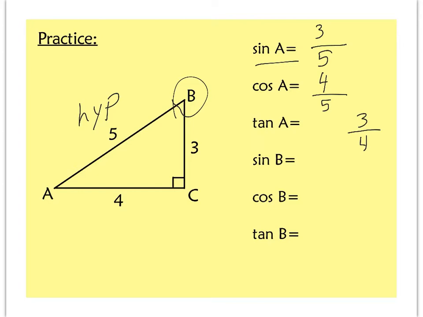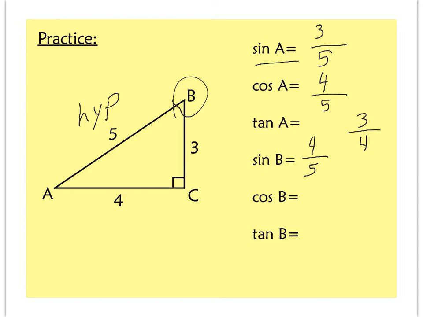So if I set up those ratios again, I want sine of B. Some old hippie: opposite over hypotenuse. Opposite side, 4, over the hypotenuse, which has not changed, 5. When I change my reference angle, which angle I'm starting at, my sine ratio changes because I'm using different sides this time. So sine from reference angle B is opposite over hypotenuse, 4 over 5.